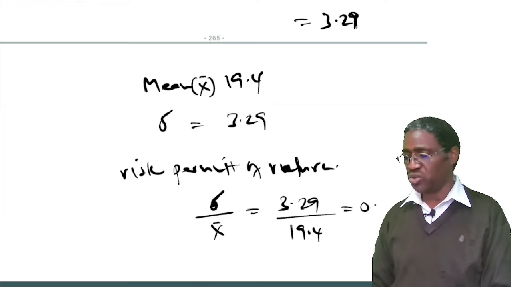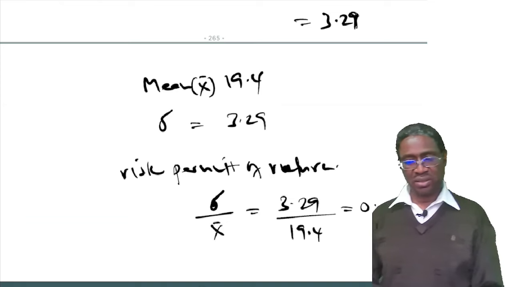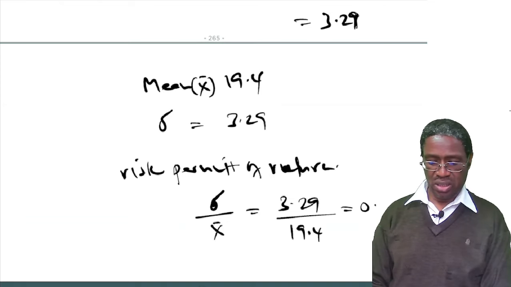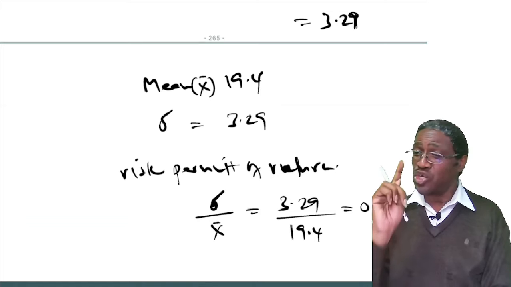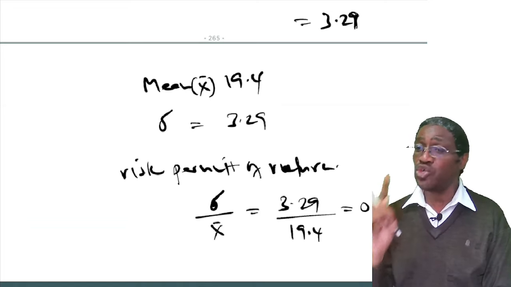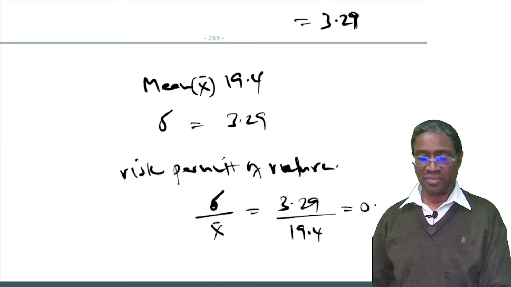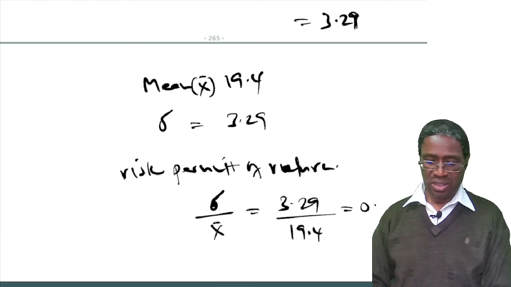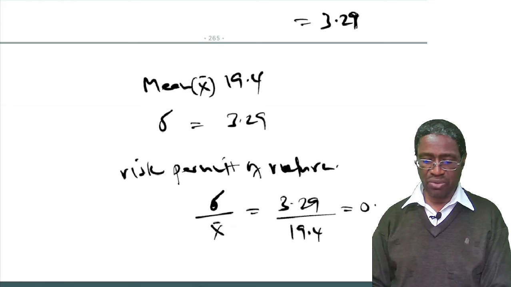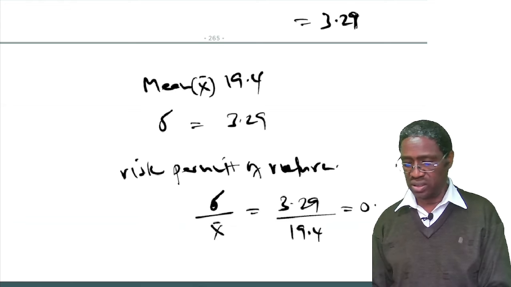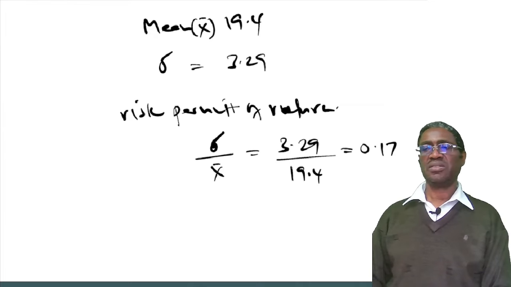What is my risk per unit of return? Divide 3.29 by 19.4. This will be 0.17.